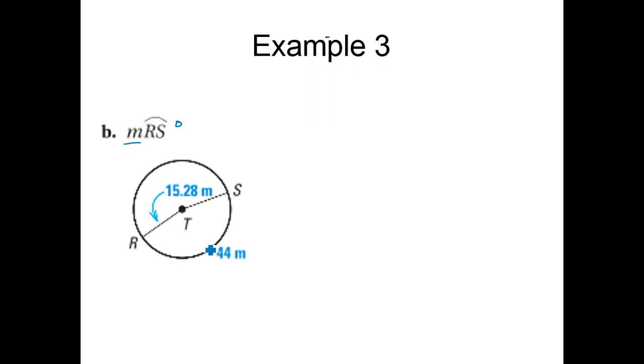All right, so here we go. We know that the degree, or the piece of degree, is over 360. Okay, and we know that RS is right here, and we know that piece from here to here is 44 meters.